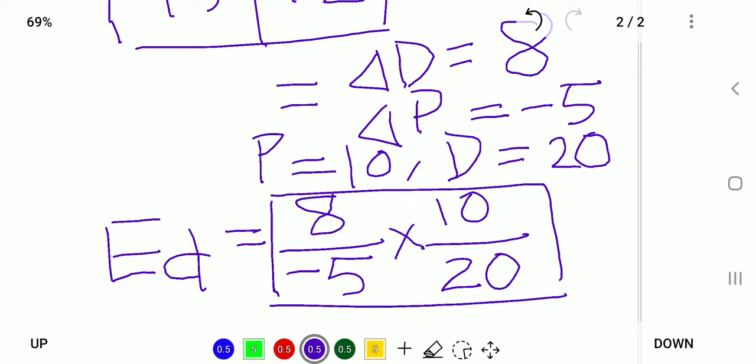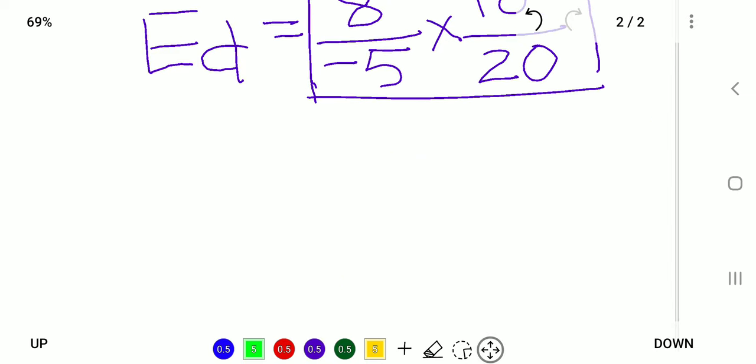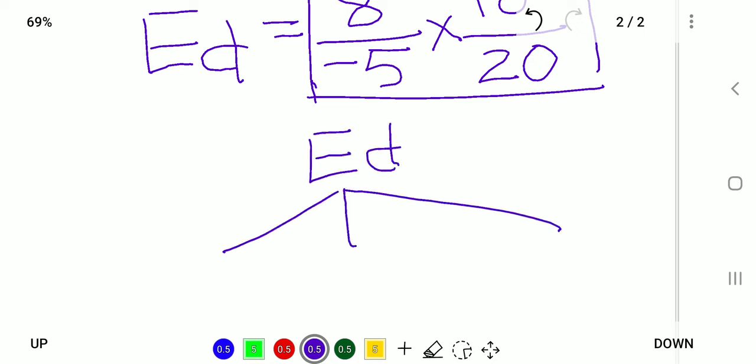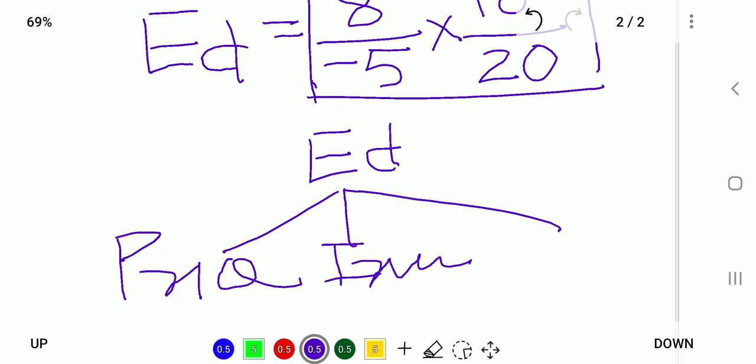So with an example we can easily determine the value of elasticity. Now elasticity is divided into three parts. Number 1, price elasticity, number 2, income elasticity, and number 3, cross elasticity.